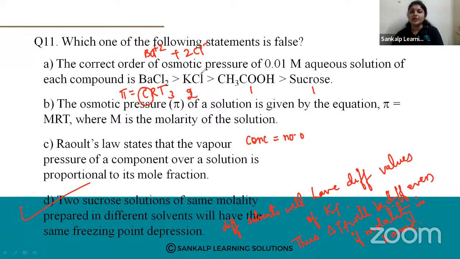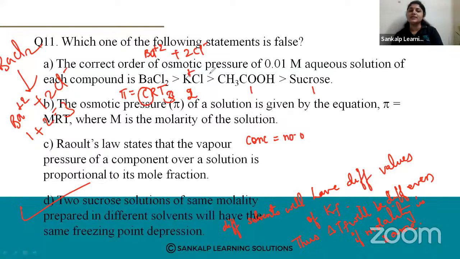Now, when you're talking about osmotic pressure in option A, BaCl2 dissociates into Ba2+ and 2 Cl minus. Adding the stoichiometric coefficients, 1 plus 2 gives you 3. KCl dissociates into K plus and Cl minus, so it becomes 2.